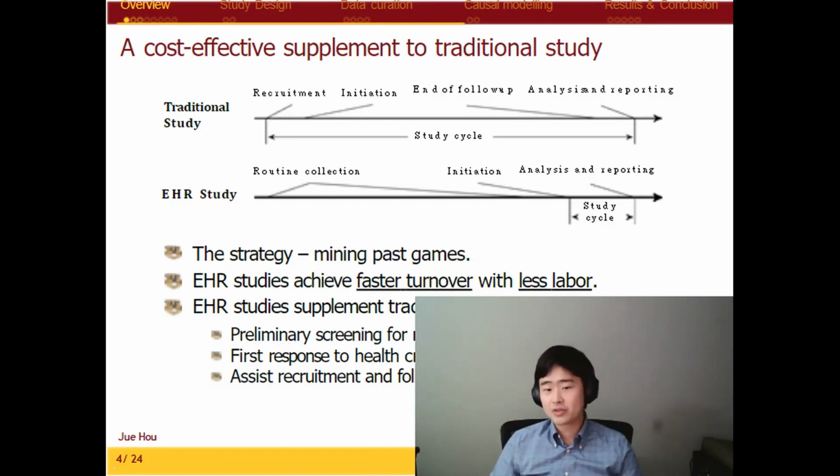For example, we can do preliminary screening for resource allocation, and in the case of the COVID pandemic, we can use EHR as the first response to the crisis before any traditional study can kickstart. Alternatively, we might use the tool to assist recruitment and follow-up, to run pragmatic trials with EHR assistance.